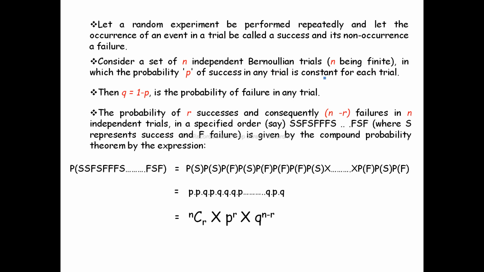N means the number of trials, R means number of successes, P means probability of success, Q means probability of failure, and n minus R means failures.